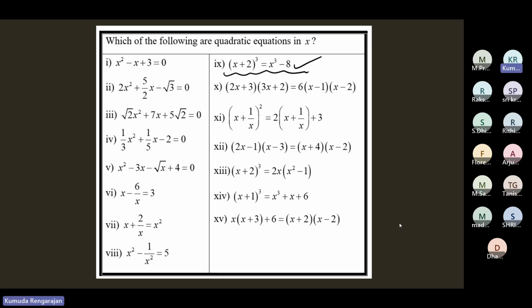Sashank, right? Yes. Others, please share your thoughts. Madhumita and Sashank have answered. What about the others? No, ma'am. It's not a quadratic equation.